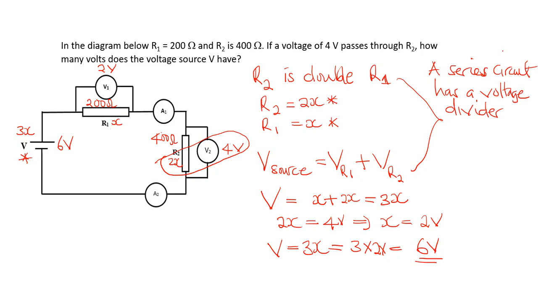But then this 6 volts is divided between the two resistors. Resistor 1 gets 2 volts and resistor 2 gets 4 volts. So in simple terms, we say that V is given by 2 volts plus 4 volts, that is from resistor 1, this is from resistor 2, to give us 6 volts, and this is the voltage source.